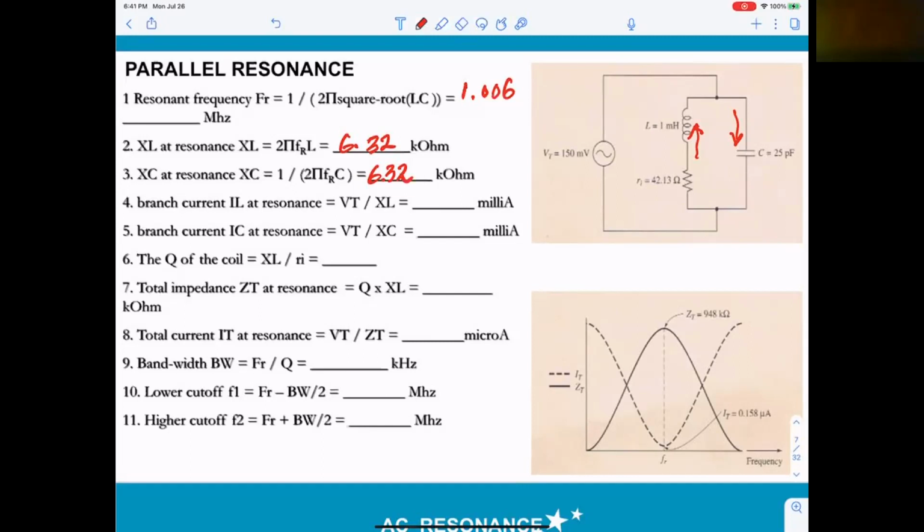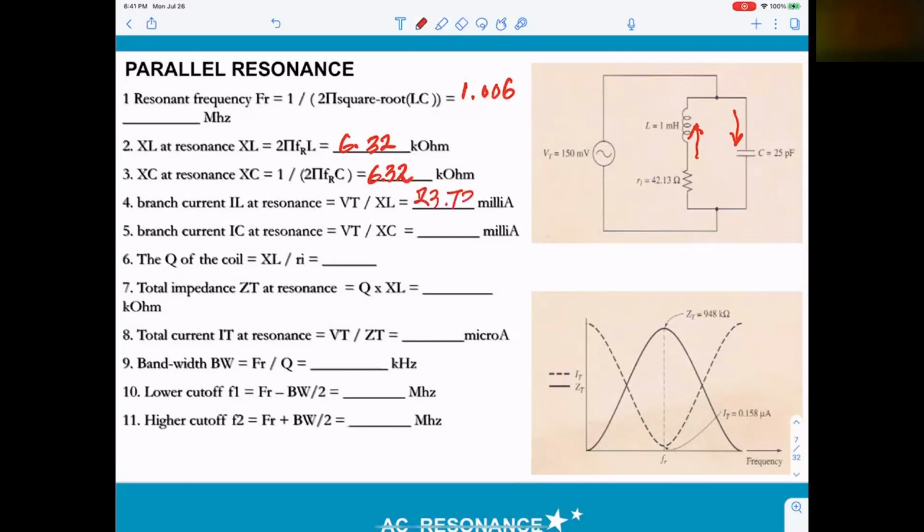Is that 23.72 microvolts? Number 4, they want IL. I know, so VT over XL is 23.72 microamps. Okay, 23.73 milliamp, not micro. Milliamp. Oh, he wants milli.